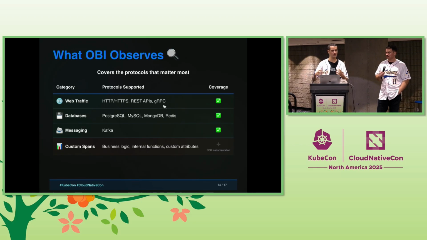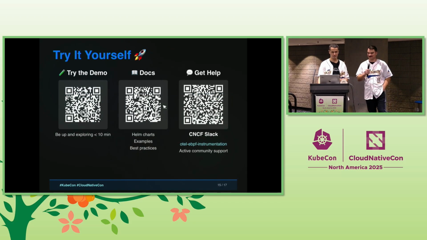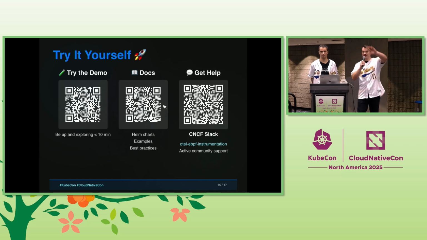You can get both because you can progressively instrument your application using the SDK, and it will keep coexisting with OBI.